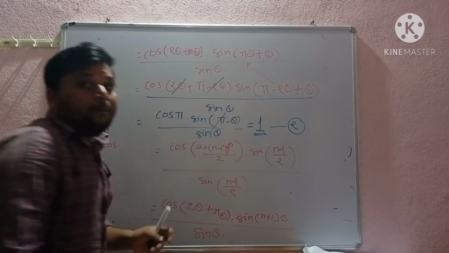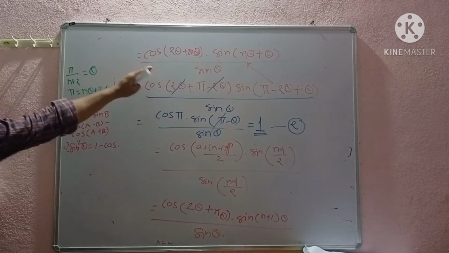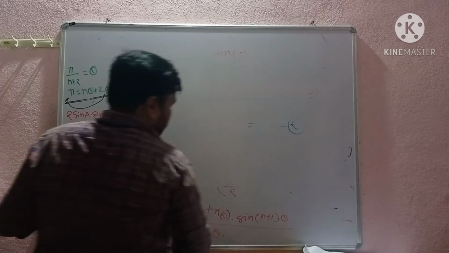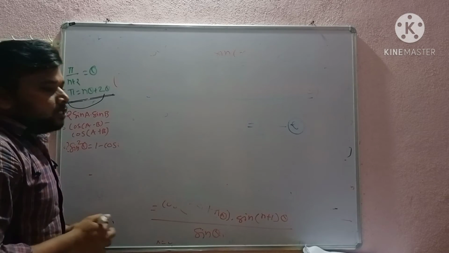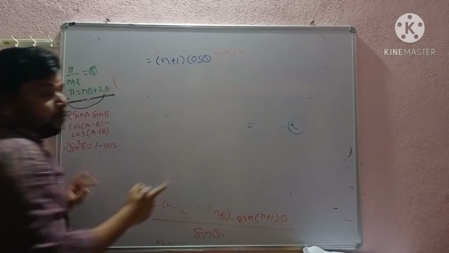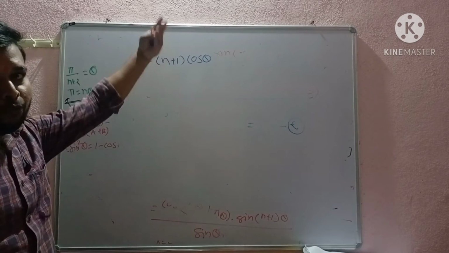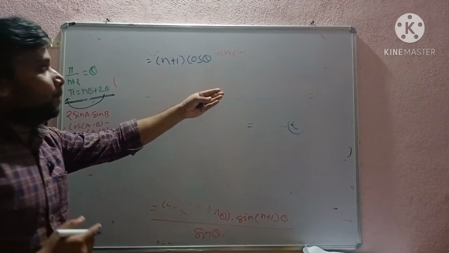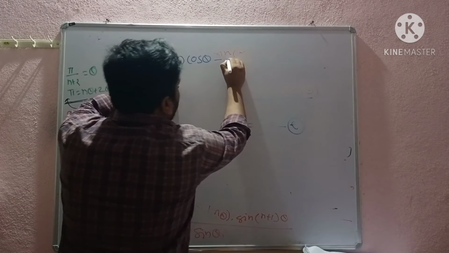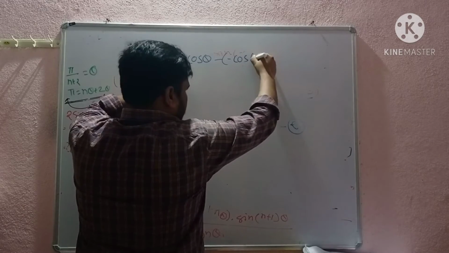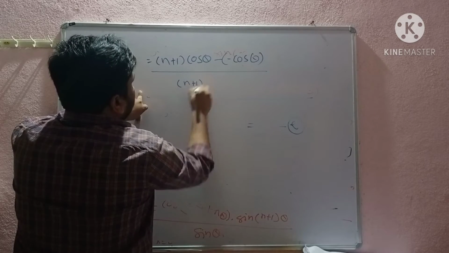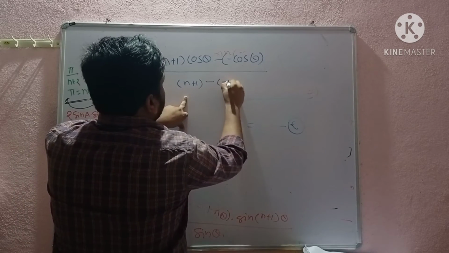Now we will come back to our original equation which has to be simplified. As told earlier, we will rewrite that equation using substitution or simplification. We will get (n plus 1) cos theta. This is the original earlier equation. We have to put these values into the original equation that has been asked in the example. So we will get (n plus 1) cos theta minus cos theta divided by (n plus 1) minus 1.